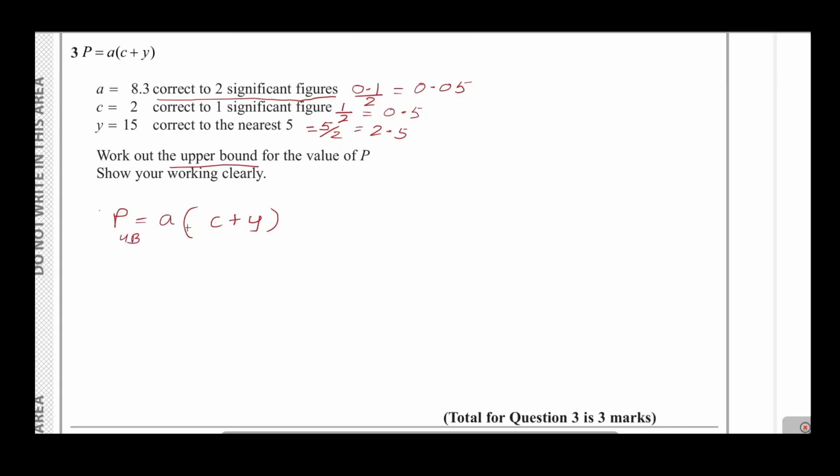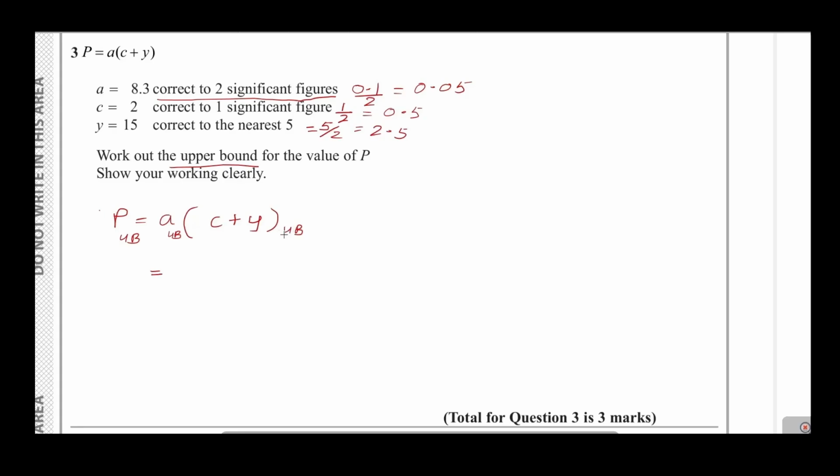Can you remember that this is a multiplication? A times a bracket. If it is multiplication, we have to apply it individually. Upper bound, then a to be written as upper bound, and c plus y to be written as upper bound, the whole case taken as upper bound. Here c plus y is inside a bracket and behaves as one expression. Therefore, you need to individually get the upper bound of the whole of c plus y.